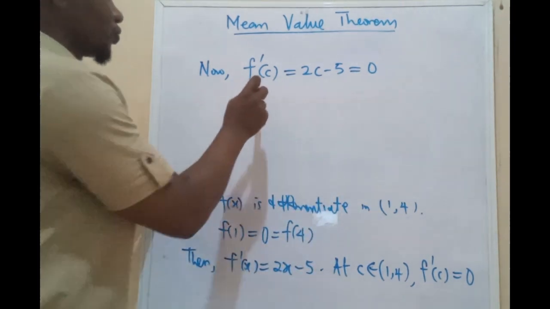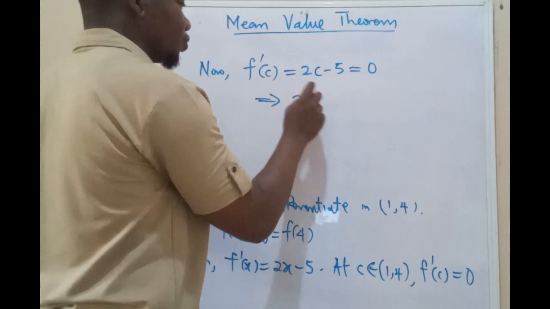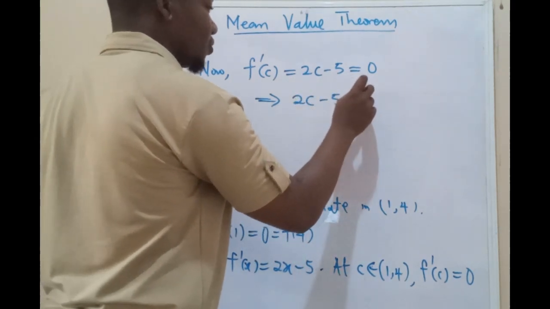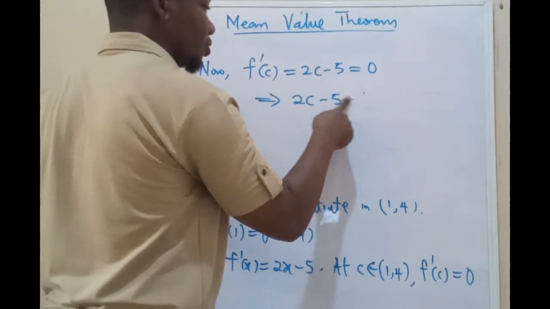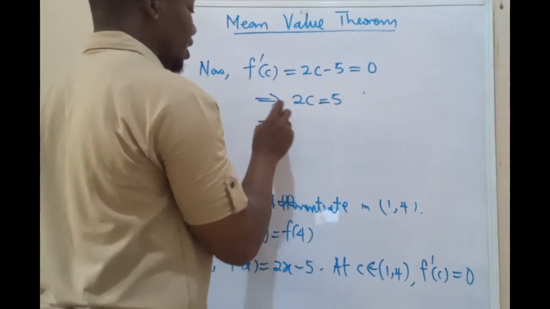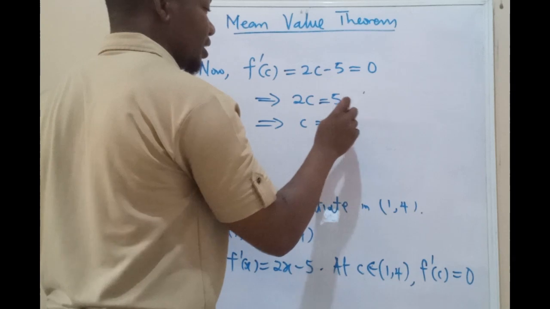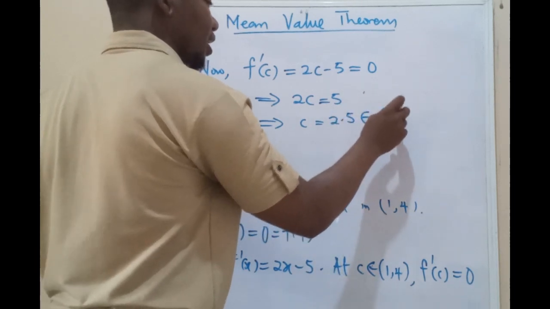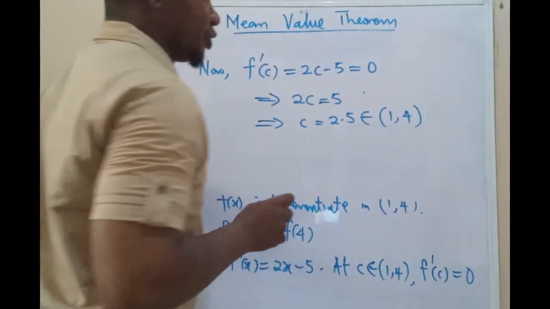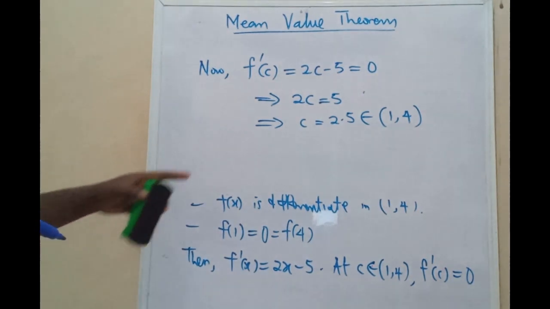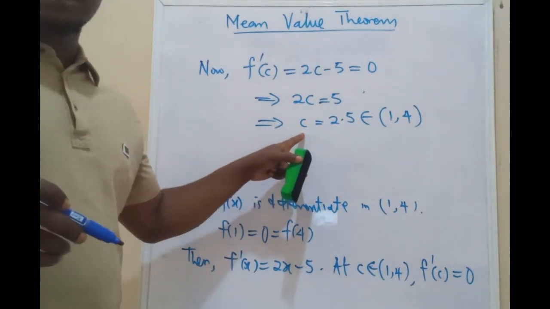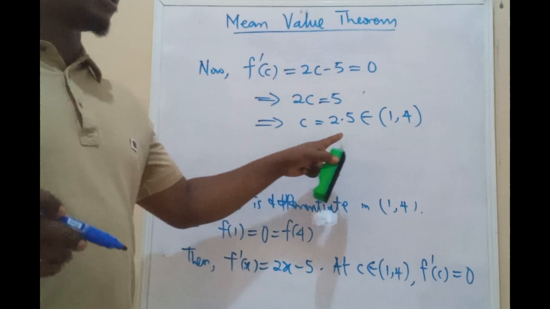So this implies that 2c minus 5 equals 0, or 2c equals 5, and this implies that c is 2.5. And of course, we see that this point lies between 1 and 4. So the prescribed point here is 2.5 in this interval.